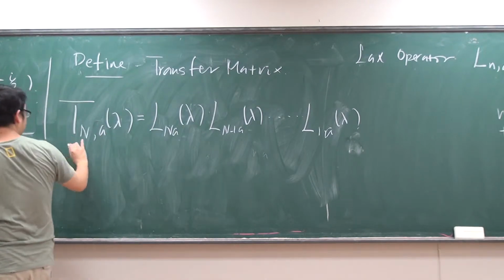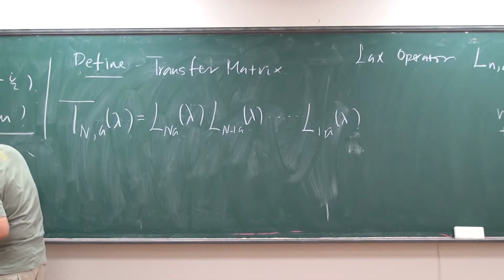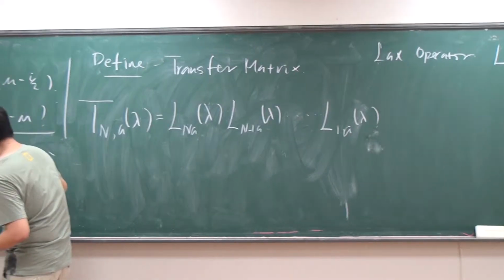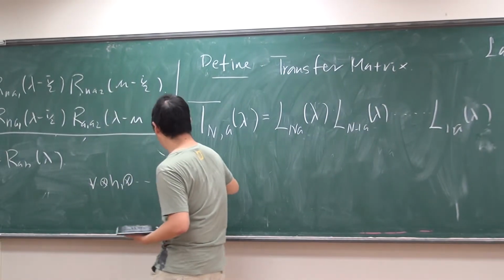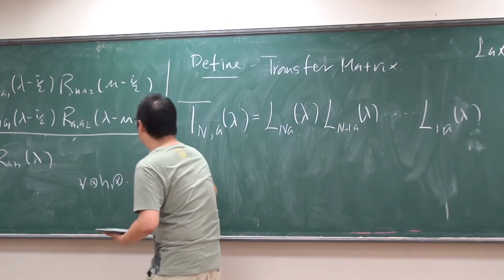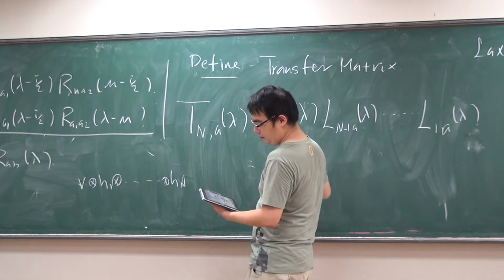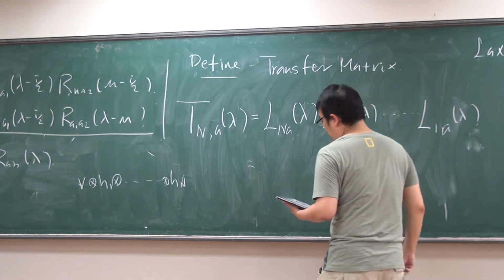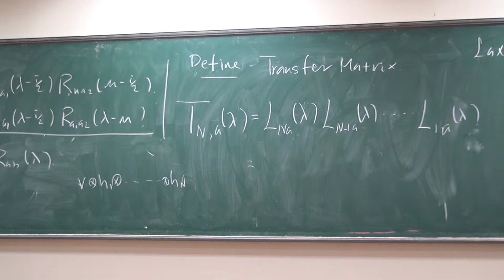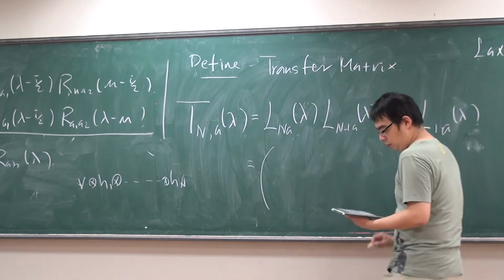So basically this now acts on the auxiliary space V and then H1 tensor through to Hn. We can again write it as some kind of 2 by 2 representation.